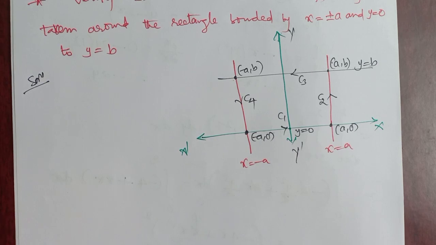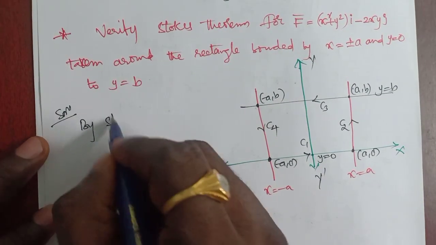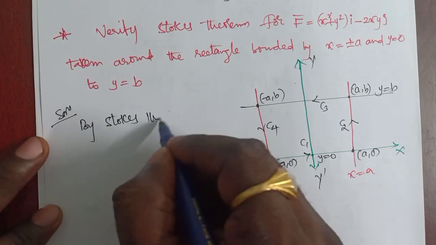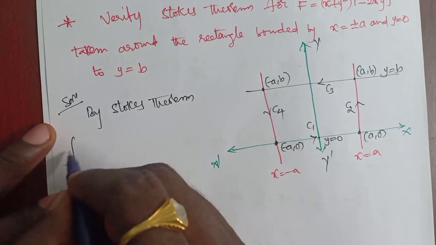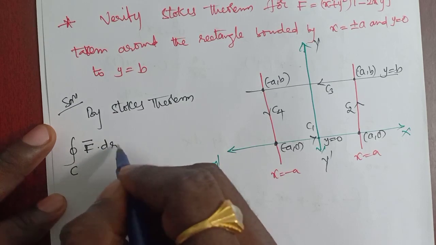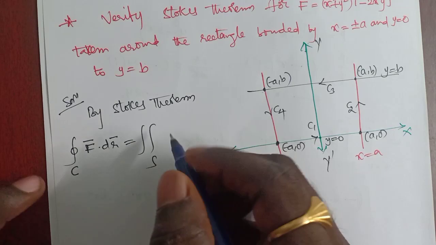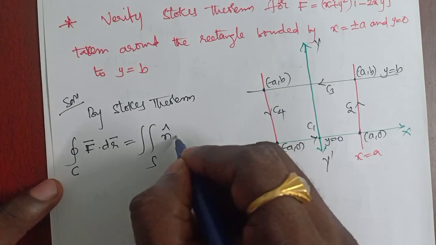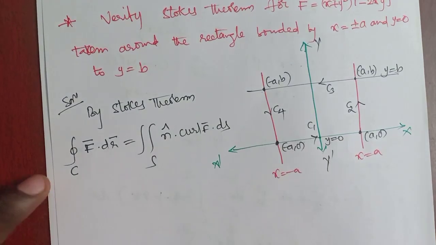Now coming to the problem, what has been given. By Stokes theorem, the line integral along the curve C of f bar dot dr bar equals the double integral over the surface S of n cap dot curl f bar into ds.